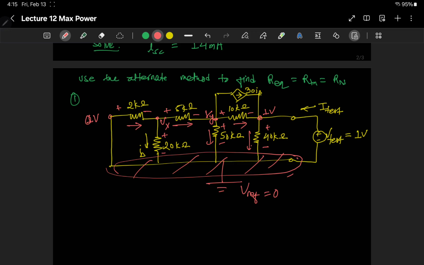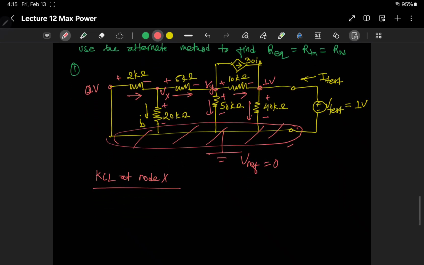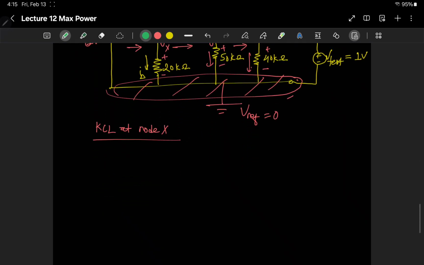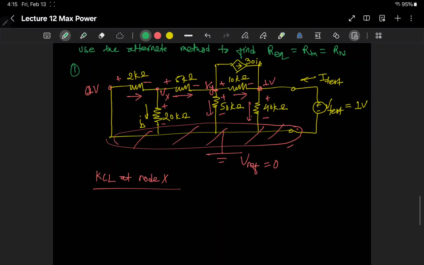Okay, so let's first apply KCL at node x. Looking into this figure, KCL at node x: 0 minus Vx divided by 2000, right?